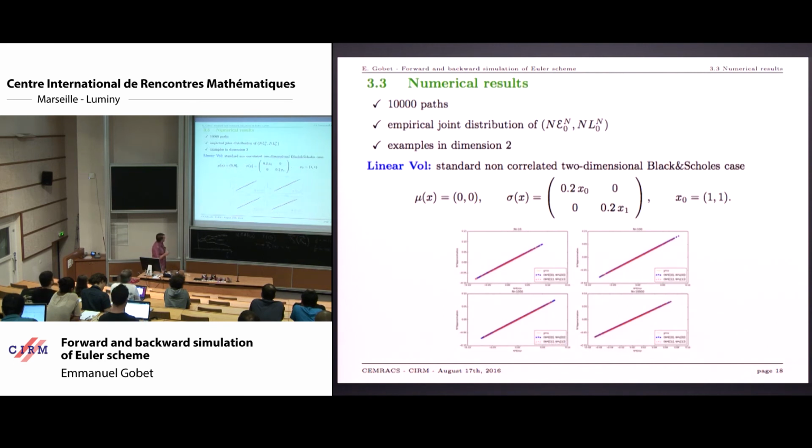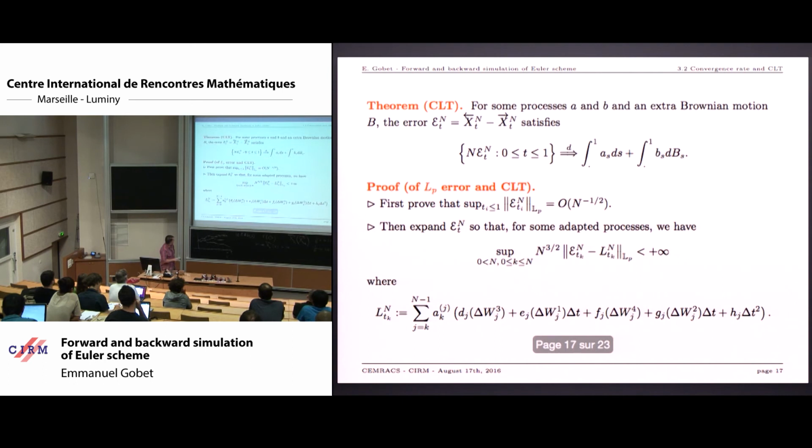Typically, what we compute is n times the renormalized error between the forward scheme and the backward scheme, against the renormalized L, the L being the first order approximation of the error.